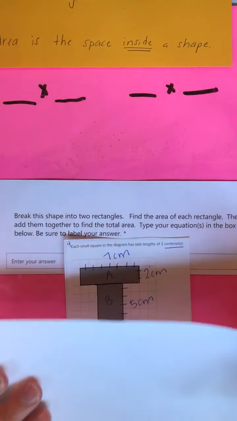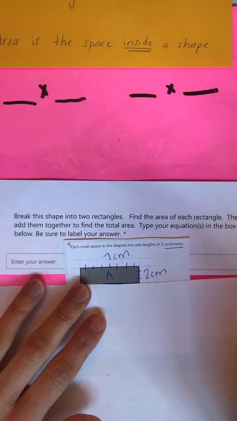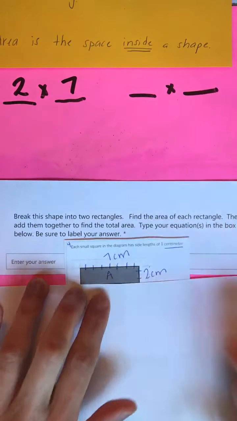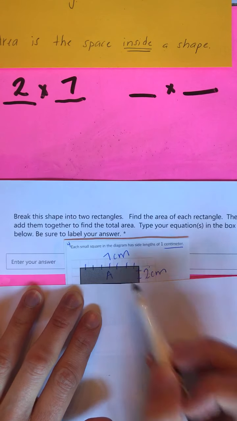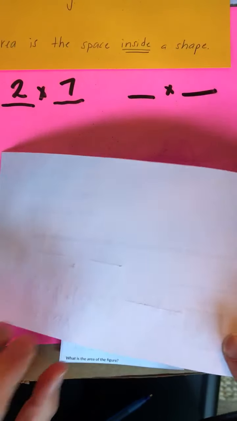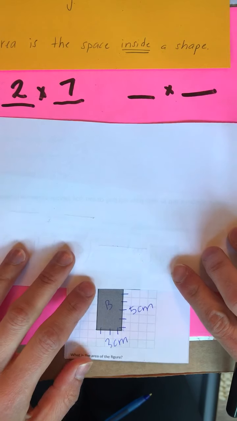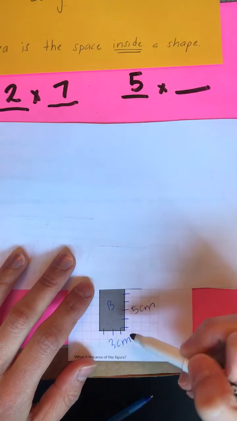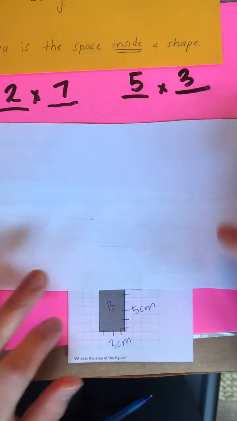Okay, so you should have the length is 2 centimeters times the width is 7 centimeters for A. This is part of my shape. The other part of my shape has a length of 5 centimeters times a width of 3 centimeters.